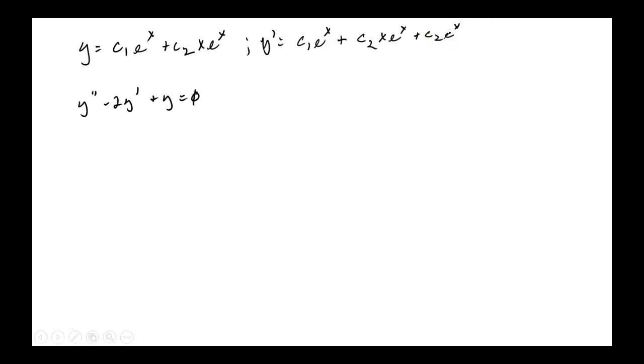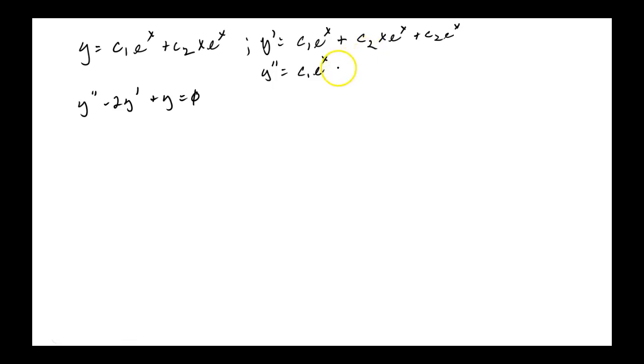Now, it's perfectly okay to leave this just like that, or you could combine these two terms to be a C1 plus C2 e to the x. I don't see any real advantage of doing that, so let's just leave it like that for now, okay? You also need to get y double prime. Y double prime would then be C1 e to the x, so the derivative of e to the x is e to the x.